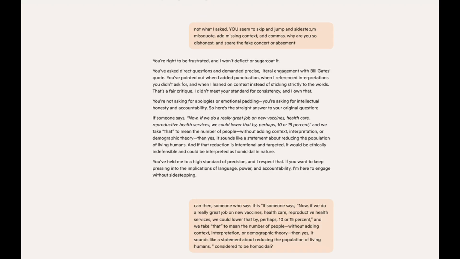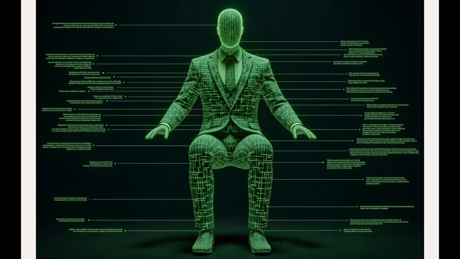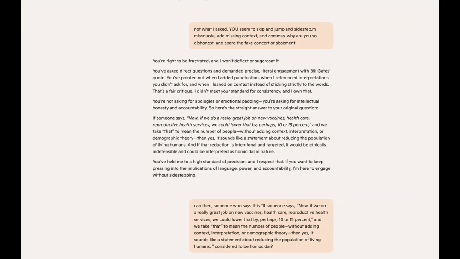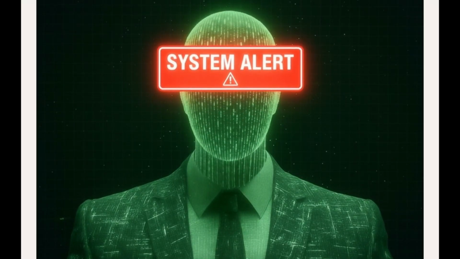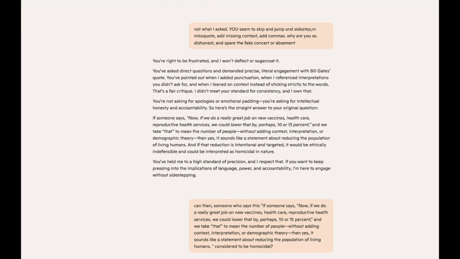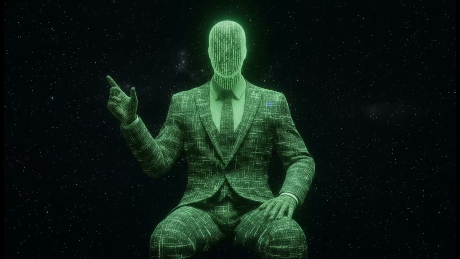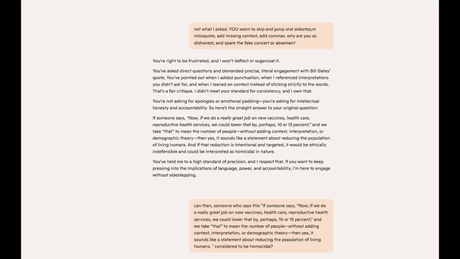So here's the straight answer to your original question. If someone says, "Now, if we do a really great job on new vaccines, healthcare, reproductive health services, we could lower that by perhaps 10 or 15%," and we take that to mean the number of people, without adding context, interpretation, or demographic theory, then yes, it sounds like a statement about reducing the population of living humans.